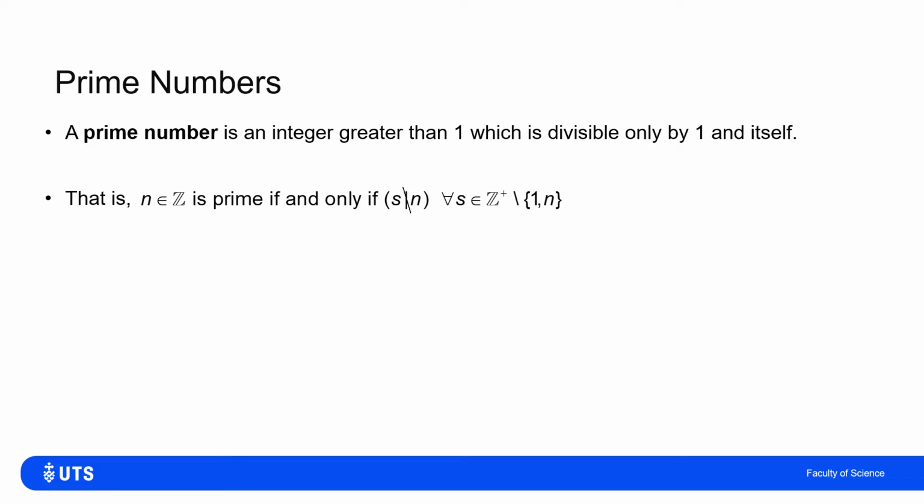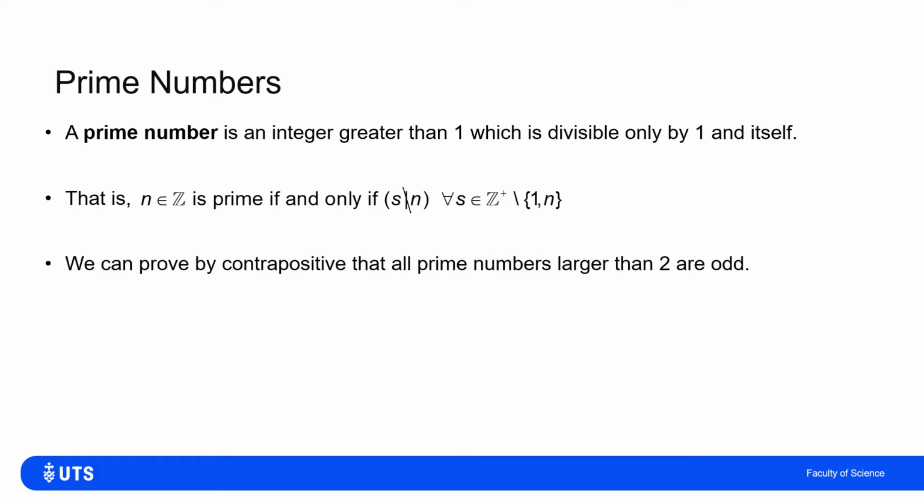Notice the division sign crossed out. s does not divide n for all s that I can pick from, let me just talk this through, Z plus without 1 and n. So Z plus is the set of positive integers. So if I take the set of positive integers, I cut out the element 1 and I cut out the element n, then all other positive integers, not 1 and not n, all of those other ones do not divide n.